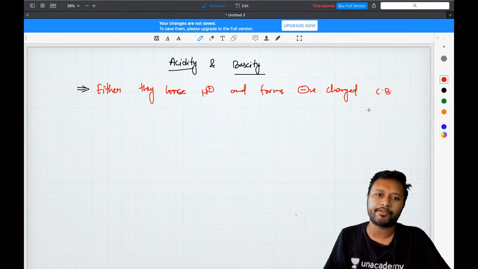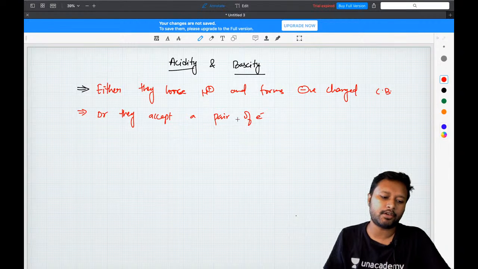The second is that it accepts a pair of electrons, and that is how it also forms a conjugate base.